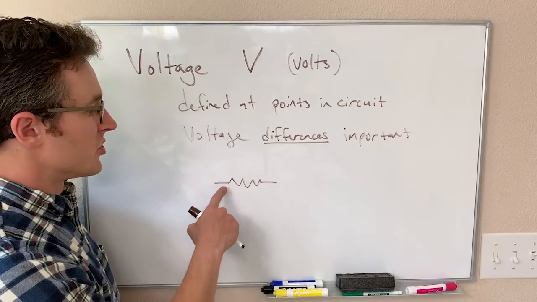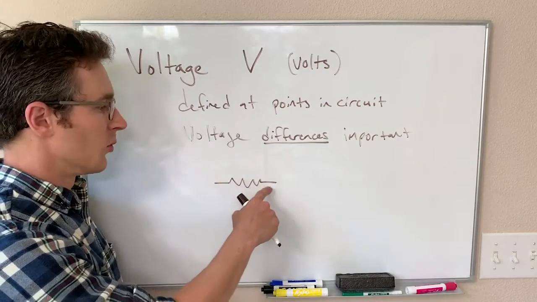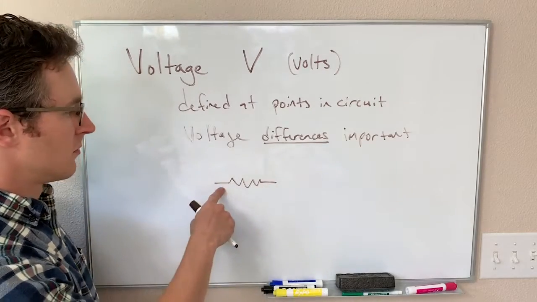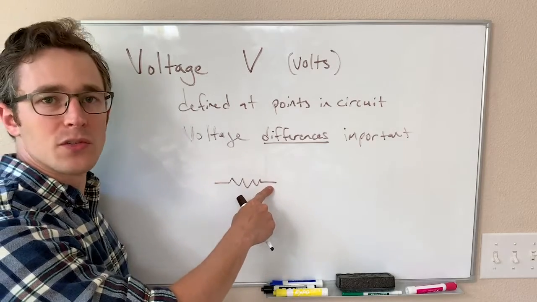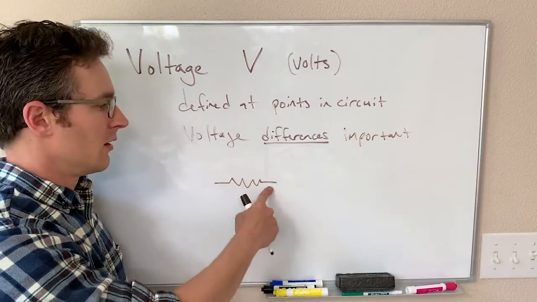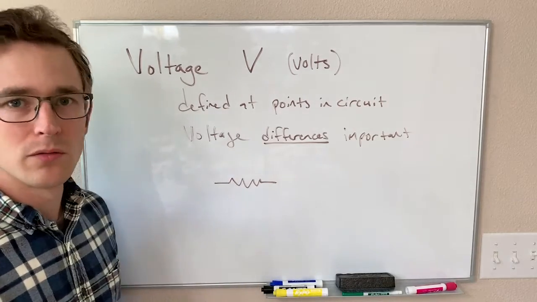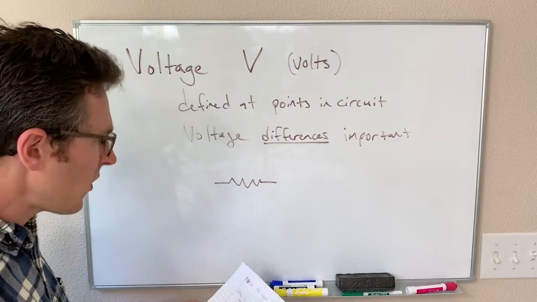And that is going to be the voltage difference between these 2 points. So that is, the voltage at this point minus the voltage at this point. So if it's 5 volts and 0 volts, it's a 5 volt difference. If it's 95 volts and 90 volts, it's still that same 5 volts delta V difference.